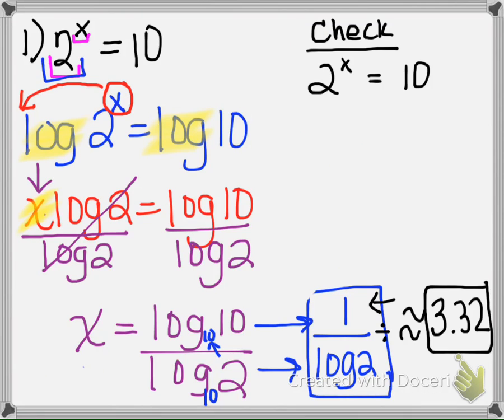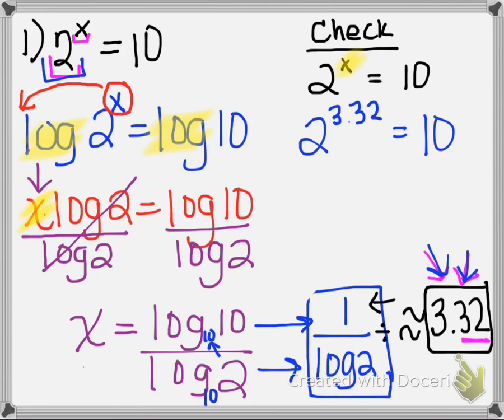Okay, so if we wanted to check if this answer is right, keep in mind that we rounded our answer to 2 decimal places. So if we were to take out the x here, and replace it with our answer that we got here, 3.32.